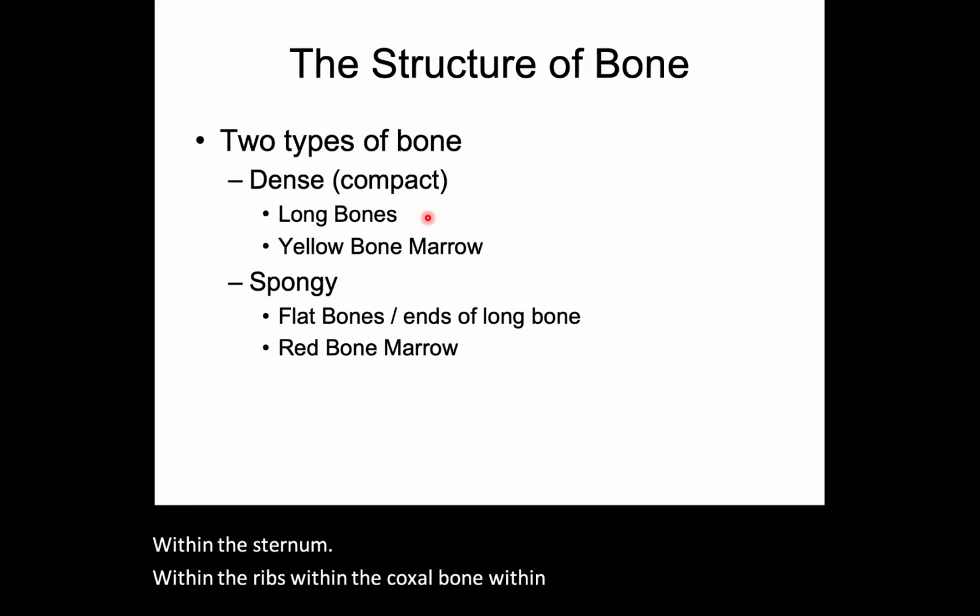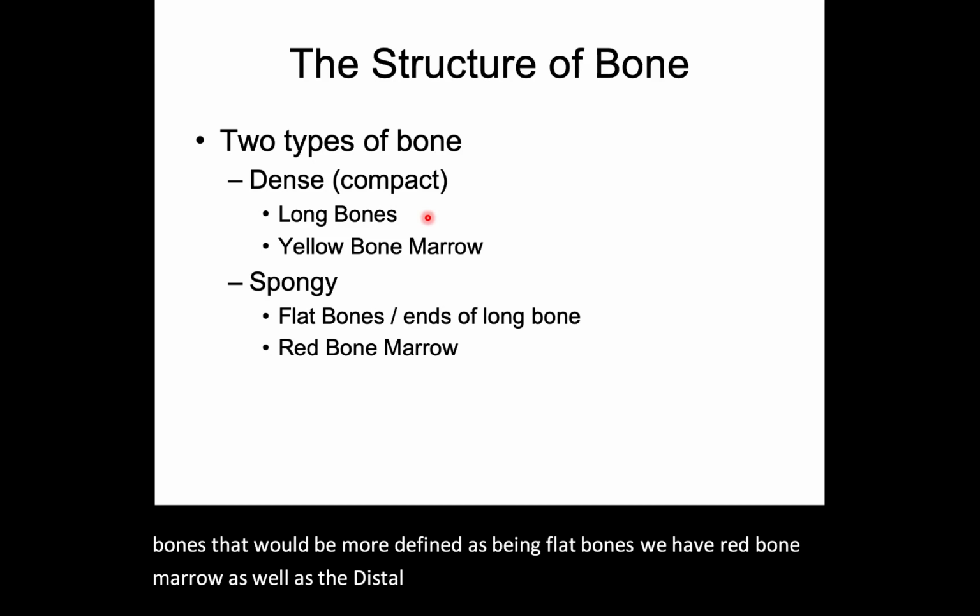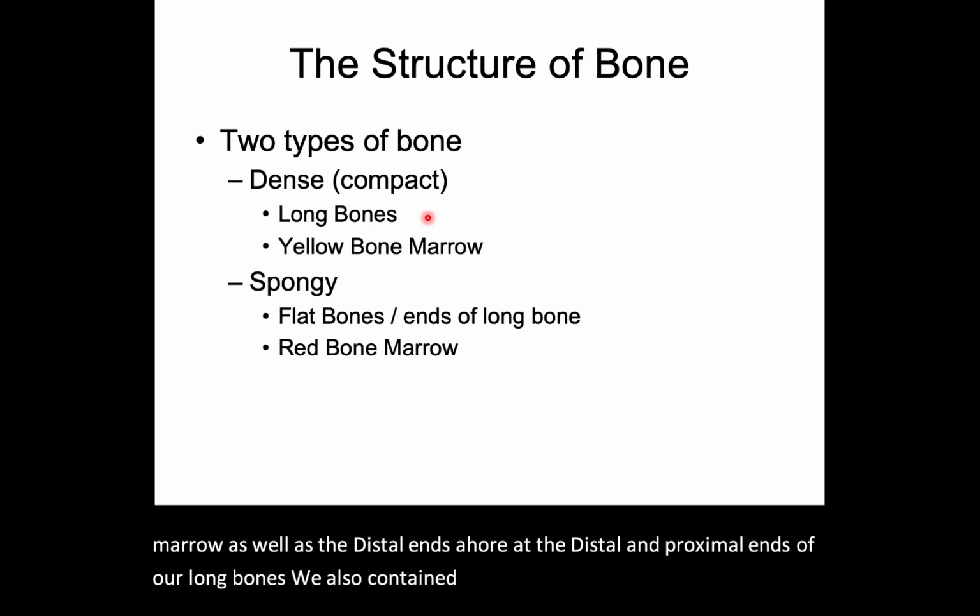And so all of those bones that would be more defined as being flat bones, we have red bone marrow, as well as the distal and the proximal ends of our long bones. We also contain that red bone marrow.